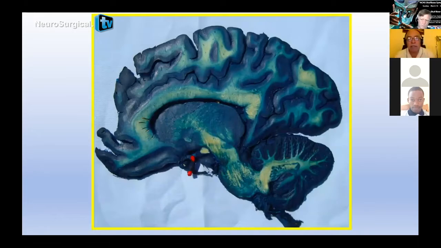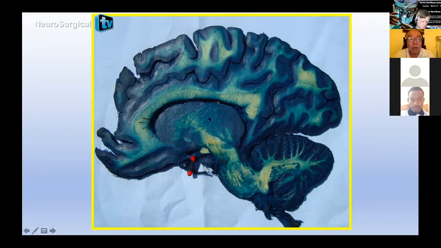So what you are seeing in this slide is a sagittal cut of a brain. If you see a brain cut, it's difficult to understand the anatomical parts of the brain.